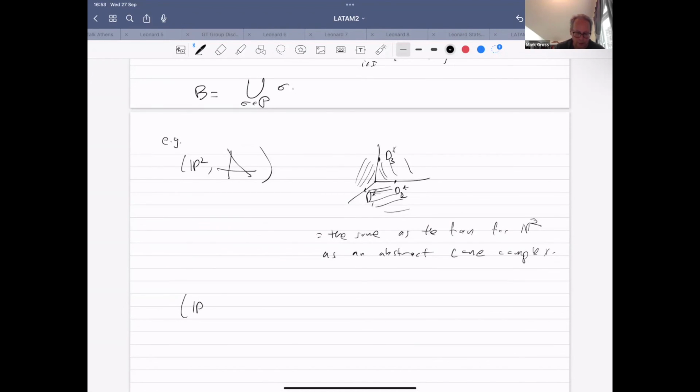And similarly, if I take P1 cross P1 with its toric boundary, I'm going to get something. This time it's in 4 dimensions, but still looking kind of like the fan for P1 cross P1. But notice if I take this blown up example, then I still get the same picture, except now I've just changed the names of the generators.